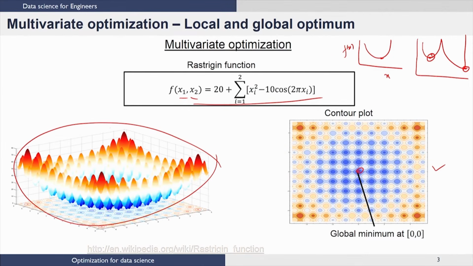So, you can see how hard it can become in the case of functions like this. Let us say you start from here, then clearly one of the good things to do would be to go to this minimum, and you will be here.